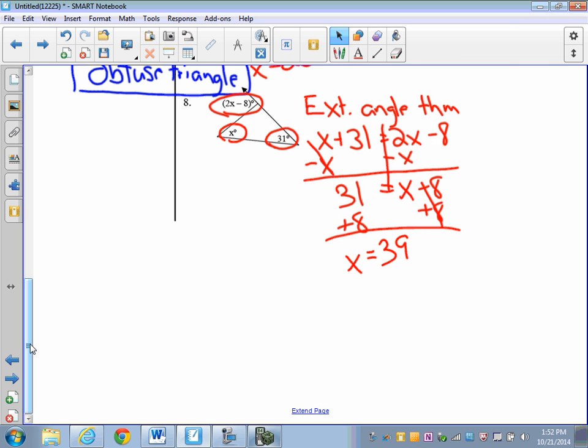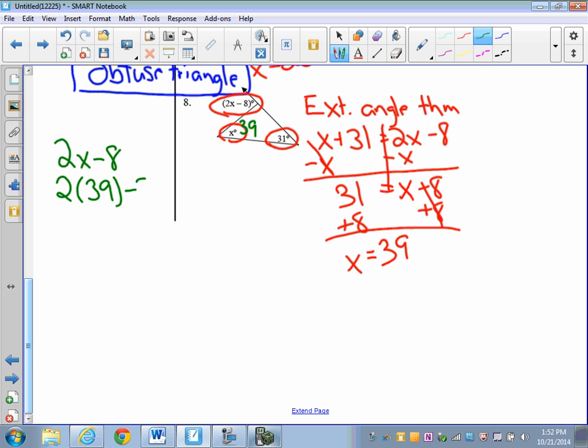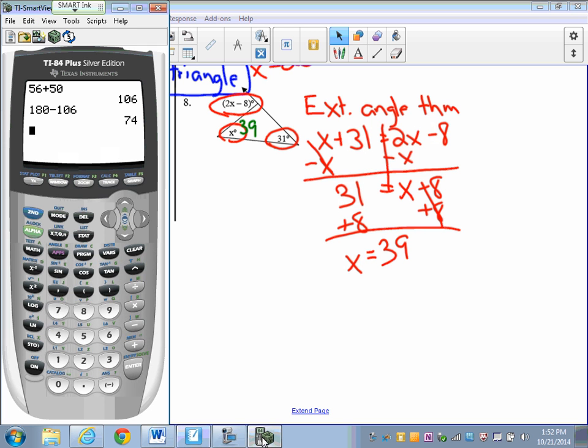So that means the angles that I have are going to be 39 here. And 2x minus 8 is 2 times 39 minus 8. Let's use a calculator to make sure we're doing this right. 2 times 39 minus 8, 70.